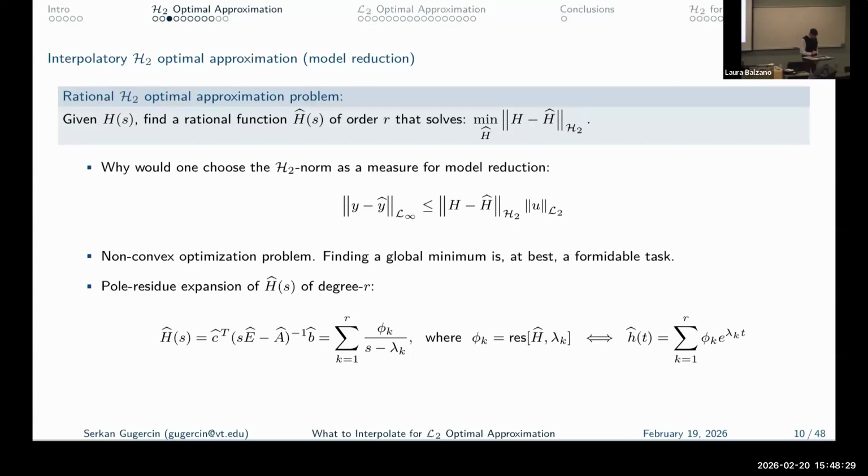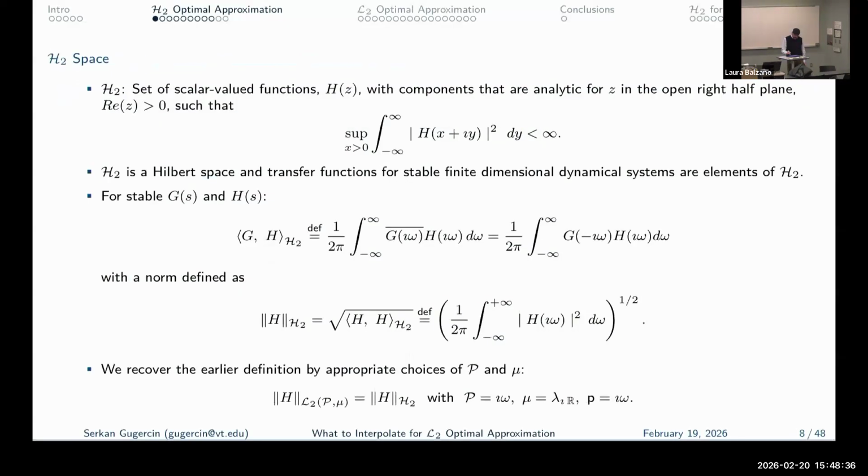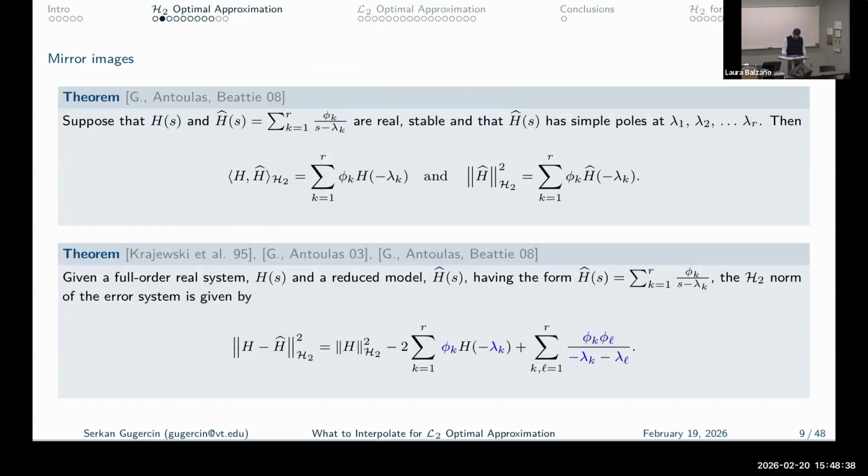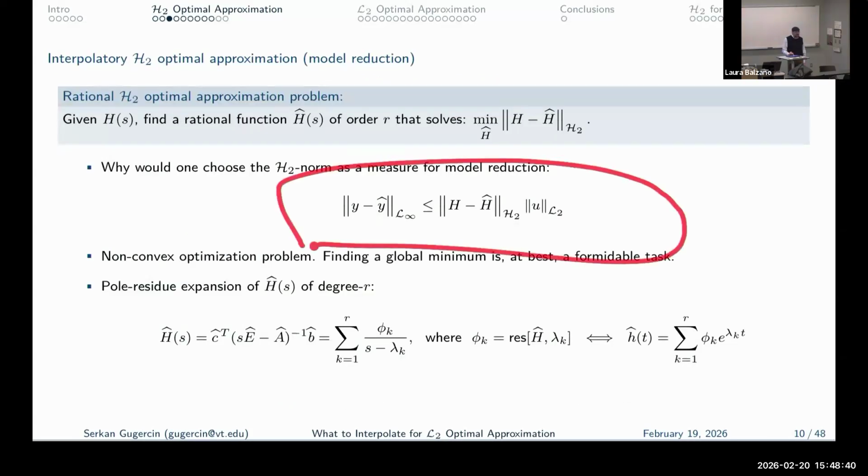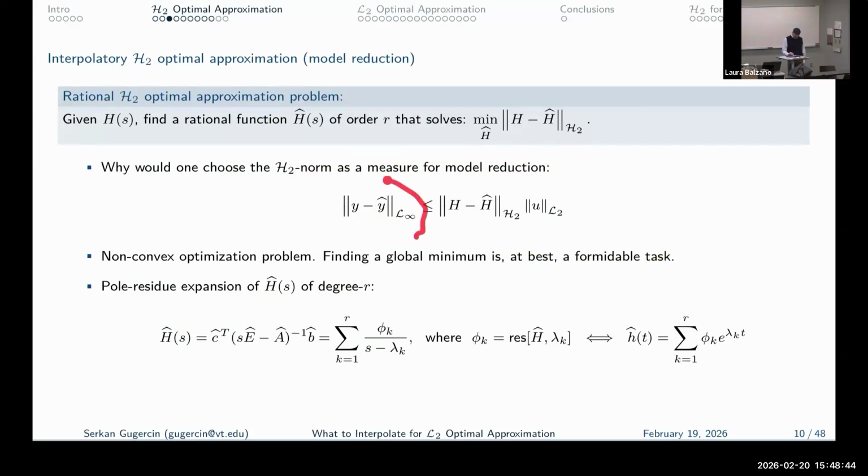Okay? And then somebody might ask, why do I want to use this H2 measure? I mean, this is nice, it comes from a Hilbert space, but does it give me anything? It gives us this beautiful upper bound. The L infinity distance in the time domain, so the maximum mismatch between the full y and the reduced y in the time domain, is bounded by this frequency domain distance between H and H hat and the L2 norm of the input energy.